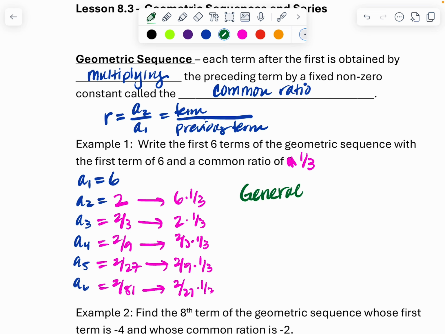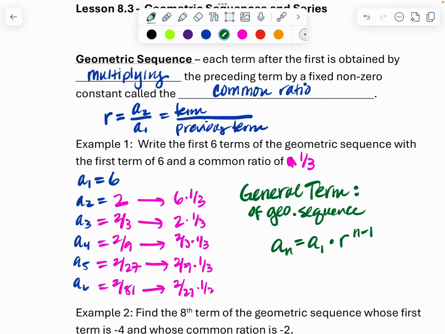Let's talk for a moment about how to get the general term. Just like with arithmetic sequences, we had a formula for the general term. For the general term of a geometric sequence, the formula is A sub n equals A sub 1 times R to the n minus 1.